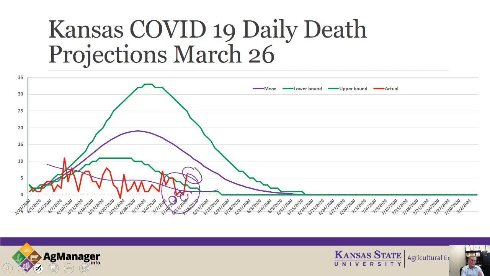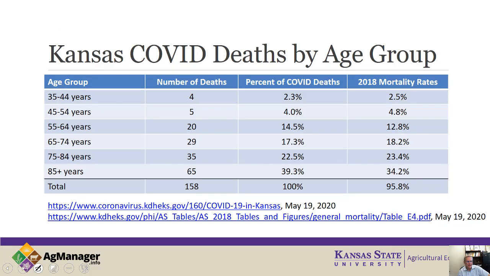And if you look at it from a probability perspective, when this model was put together, basically the probability of being below the green line would be 2.5%. And so, again, what's occurred in Kansas has been not near what the projections had suggested.